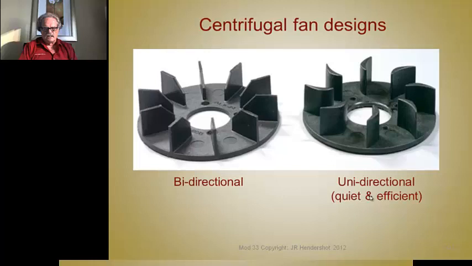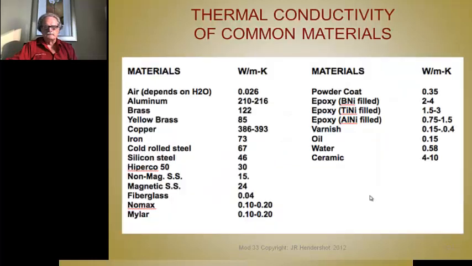And there's two kinds of blades you see here. The bidirectional one, that goes either direction, is the least efficient and it's the most noisy, but it'll give you the same cooling in both directions. The one on the right here is unidirectional, but it's quiet and quite efficient.